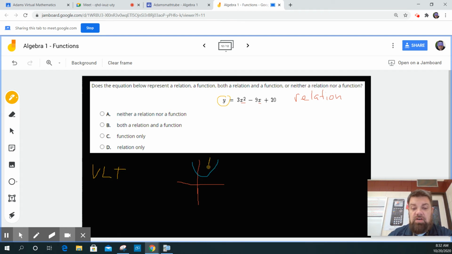In other words, if I draw a vertical line anywhere on this graph and it only crosses one time, then it's a function. So based on that information, the vertical line test tells me that not only is this a relation, but it's a function. Why? It's a function because the vertical line only crosses once.